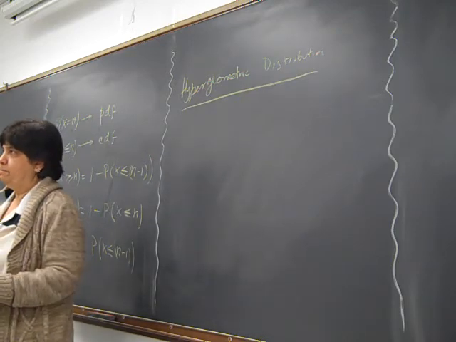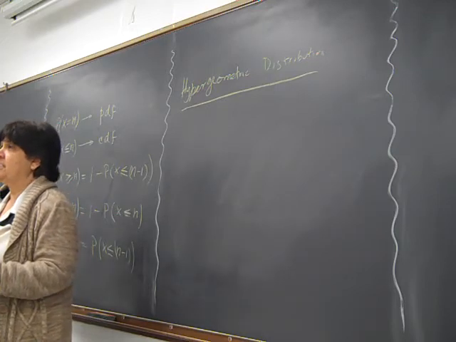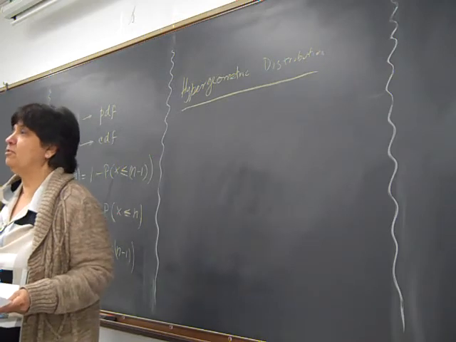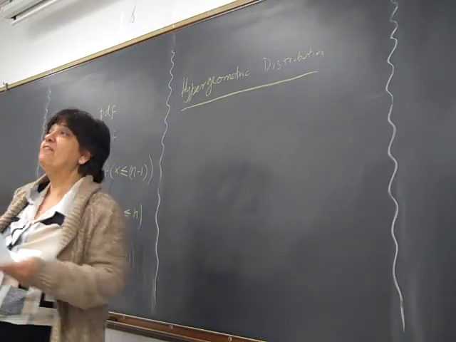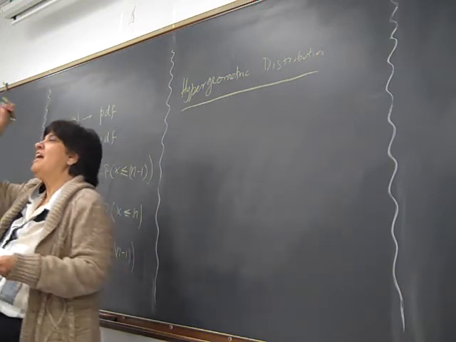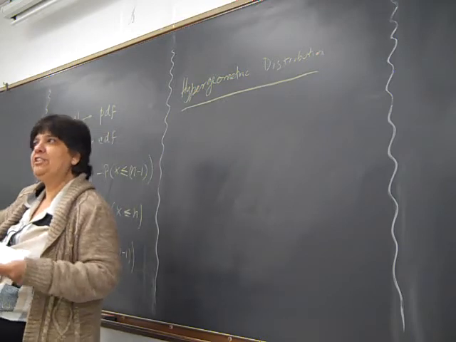Success and failure. Okay? And you would say, well, this is like the binomial distribution. Well, in this case, it's a finite population. So every time that you get one element from that population, the probabilities change.